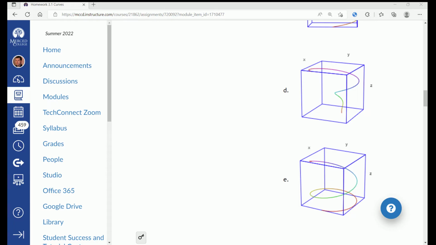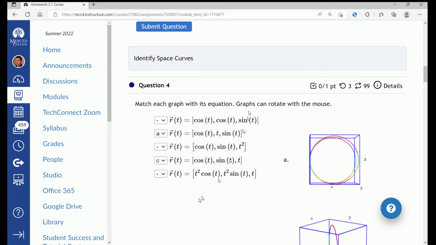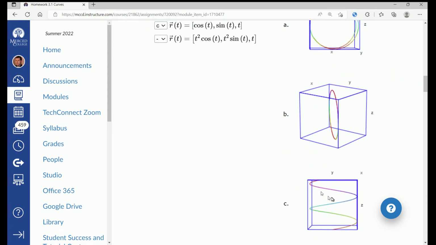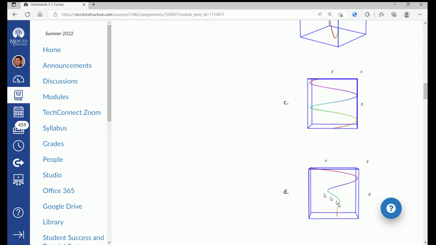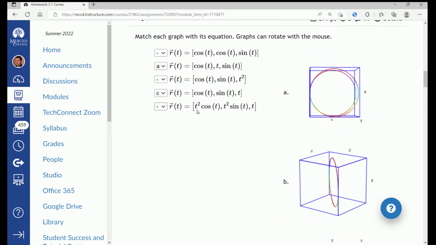Okay. So we get this conical shape, and that's what this is, right? A cosine, a sine, and a t cosine and t sine, that's how you get that kind of thing going on. Now, how fast it increases is going to be relative to these numbers out front, right?